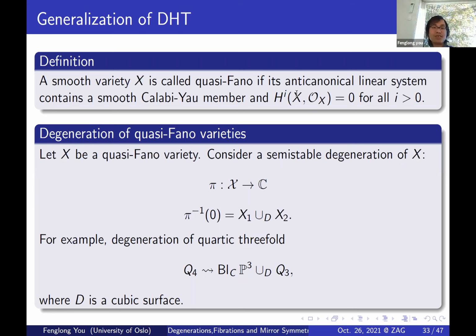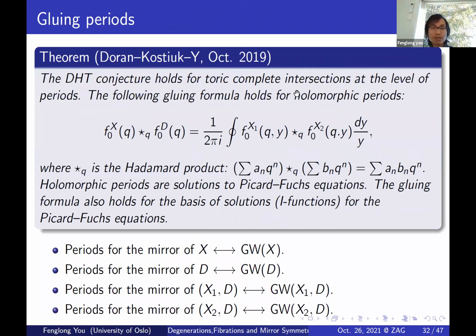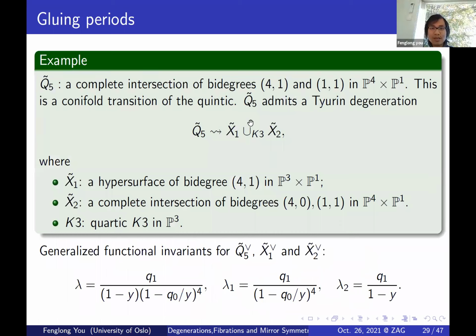are quasi-fundamental varieties. For example, when we consider this example, like this, X1 tilde and X2 tilde are quasi-fundamental varieties.